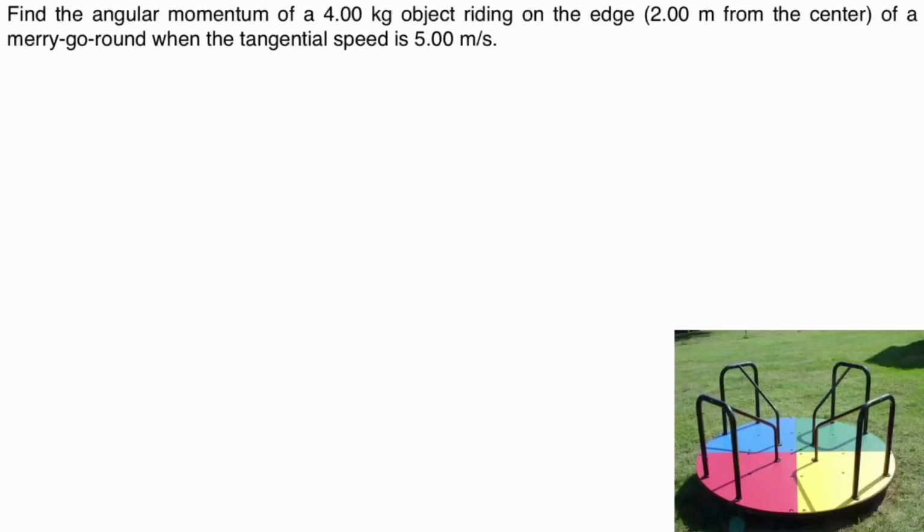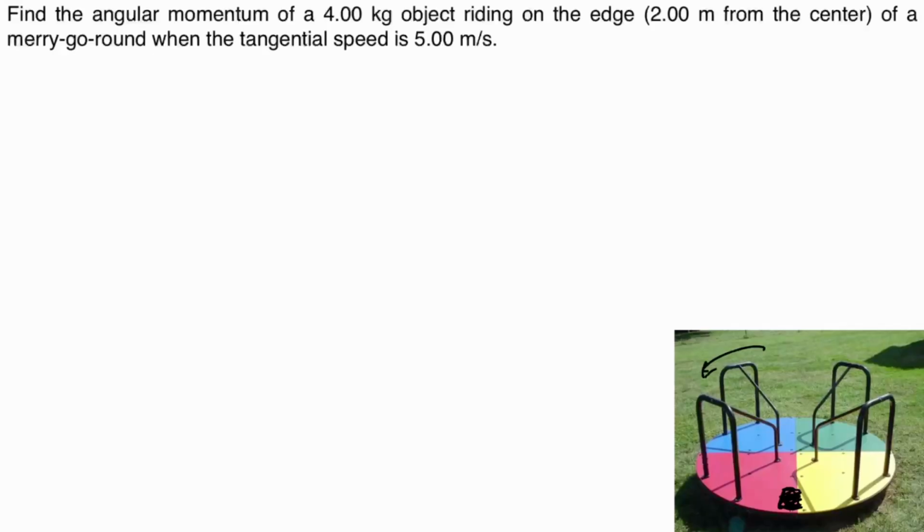So this is what I was talking about, things moving in straight lines can have angular momentum. So let's say somebody comes along and puts their backpack or bag or lunch on the edge of the merry-go-round, right? I don't know which way the merry-go-round's going.